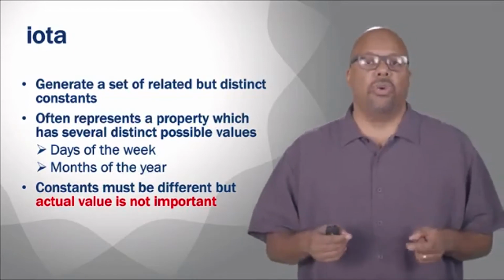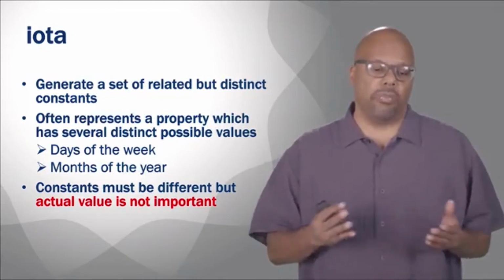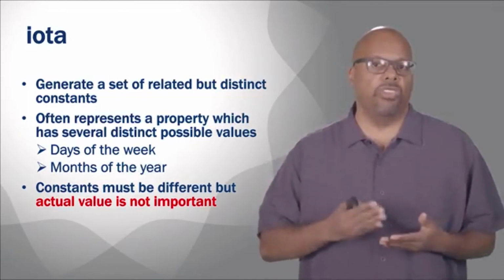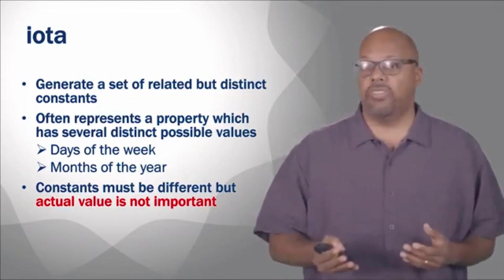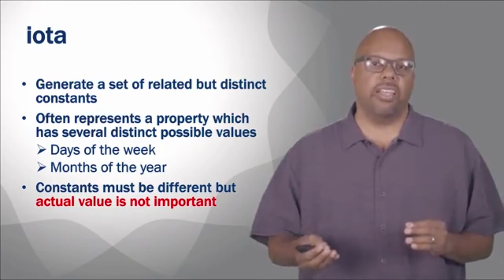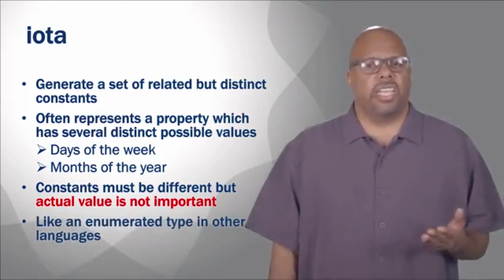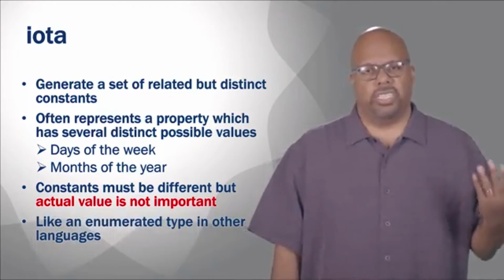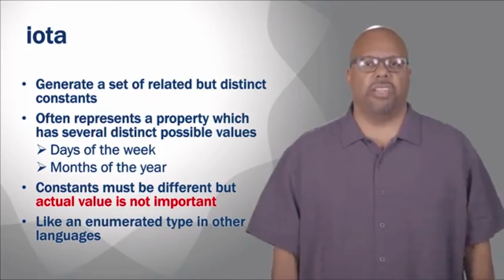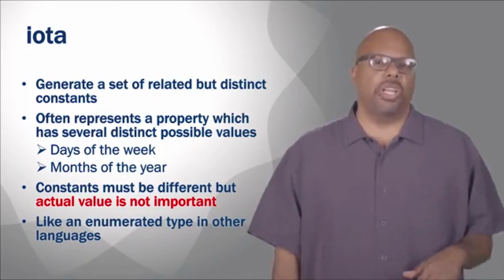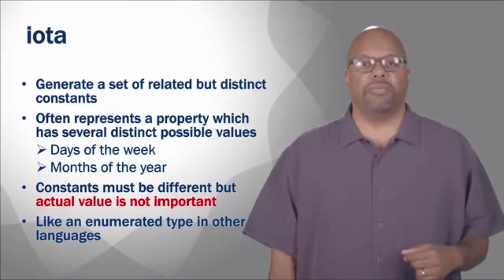So that's the case where you can use iota. If you need to represent some set of constants that are all different values, and you don't care exactly what the value is, as long as they are distinct, then you can use iota. This is essentially just like an enumerated type in other languages, like in C. It's the same idea. They give you a nice little shorthand for defining these sets of constants.